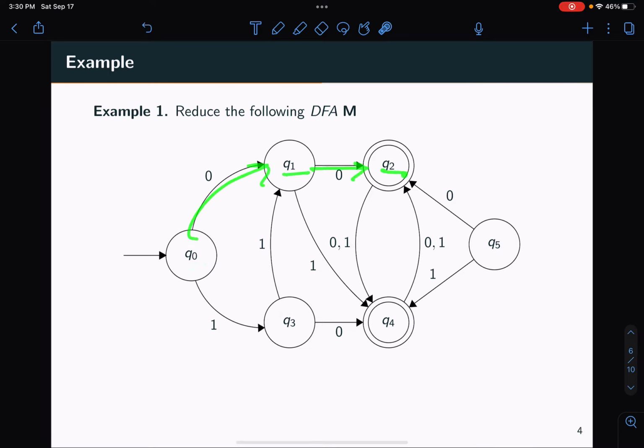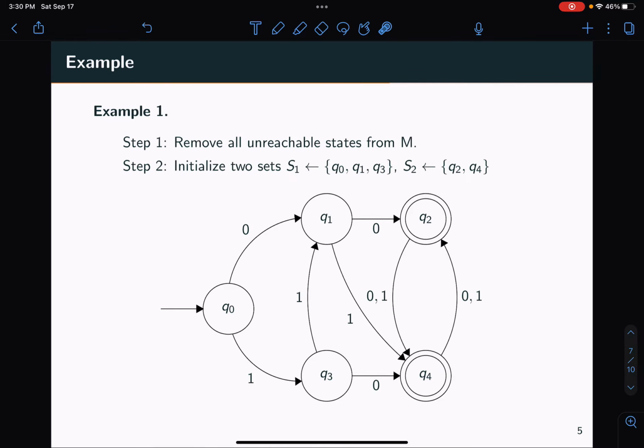I can reach Q2, I can reach Q4, I can reach Q3, but there's no way for me to reach Q5, because from Q0, there isn't any incoming edge to Q5. So then Q5 I can immediately remove, and that's what I do here. The state is just taken out.